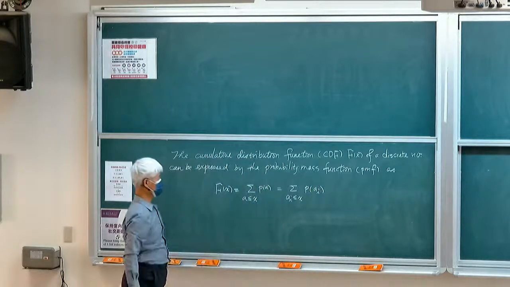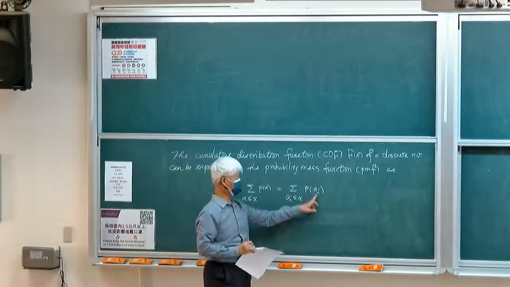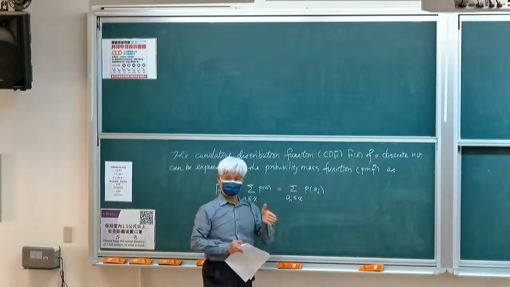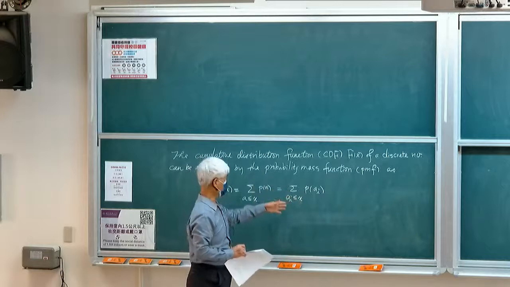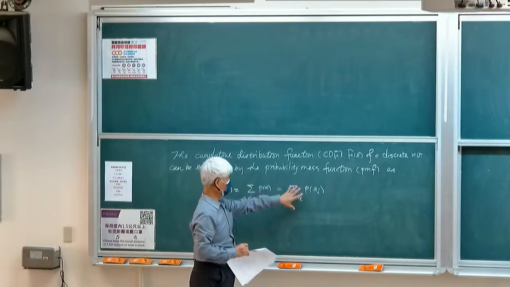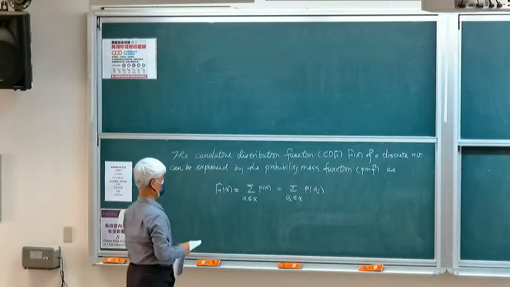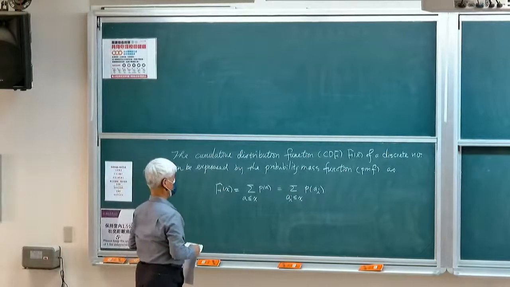Okay, so if we express the possible values a_i in a countable index set, as we described last Tuesday, that is the expression.